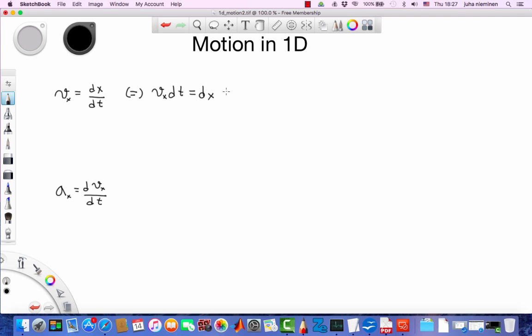like this. And now we go on and integrate both sides with respect to the d terms, whatever they are. On the left hand side we are integrating with respect to time, from some initial time to any given time we are integrating Vx, and on the right hand side our variable is just a displacement, so we go from some initial displacement to some displacement x at time t.